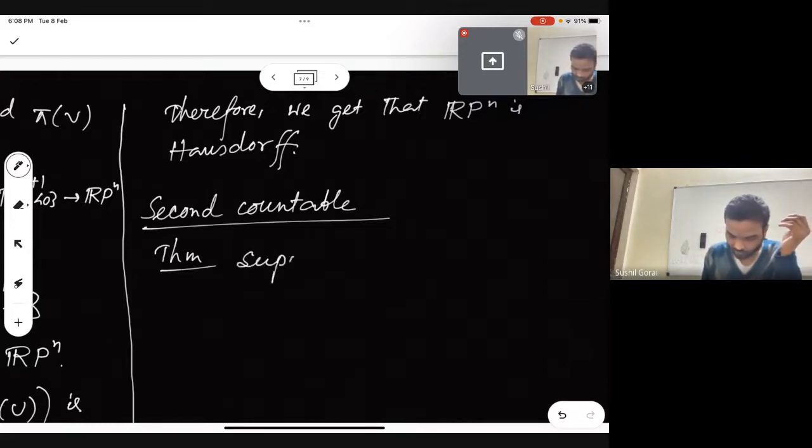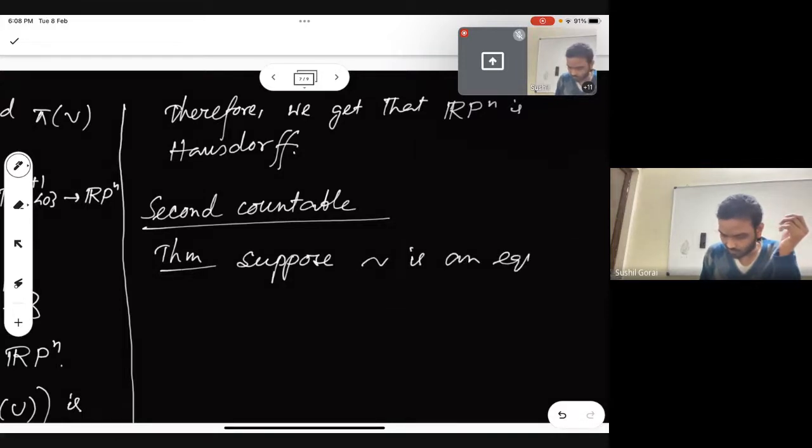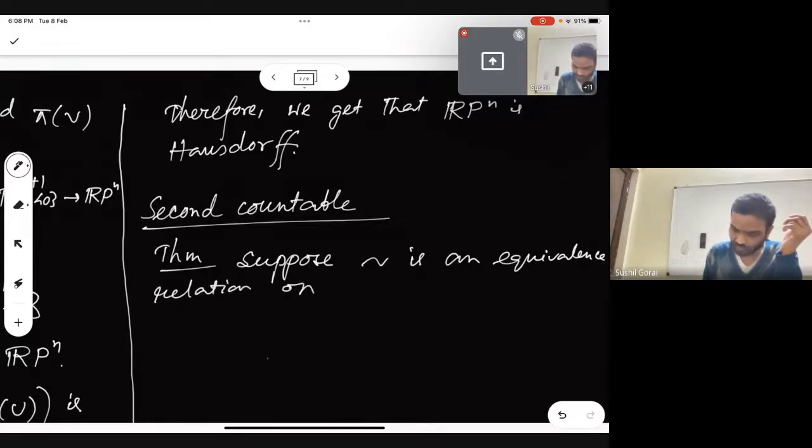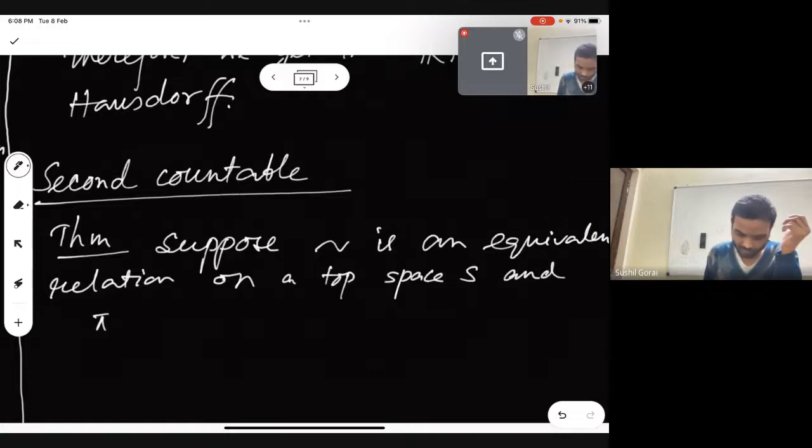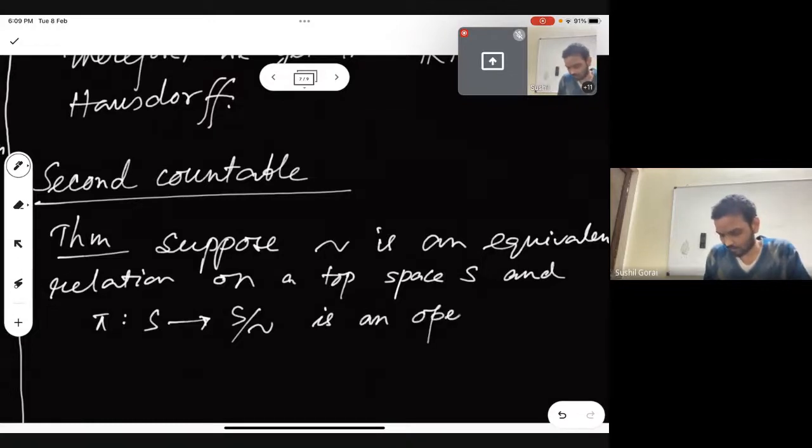Suppose this is an equivalence relation on a topological space S, and pi from S to S quotient is an open map.